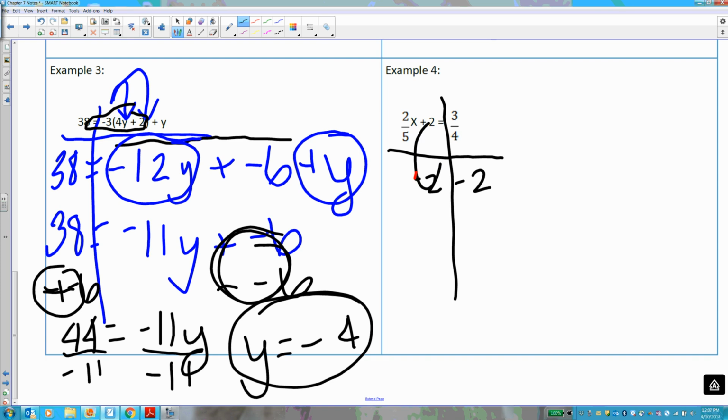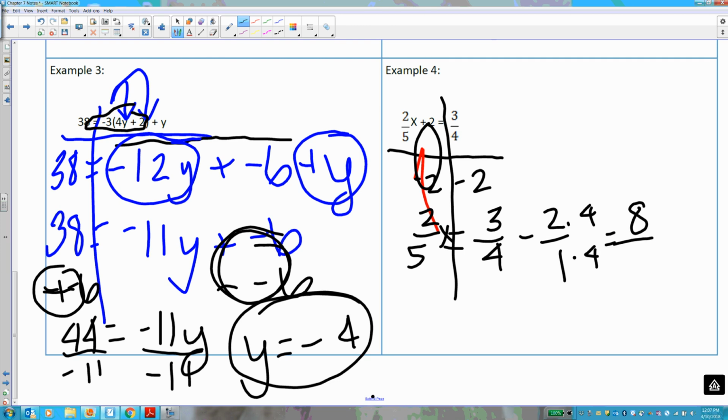So over here is 0, and I'm left with 2/5 x equals 3/4 minus 2, and I'm going to make 2 a fraction, so 2 over 1. Now remember, when you're subtracting fractions, you have to have common denominators. So I'm actually going to change this to a 4. So this is really 8 over 4.